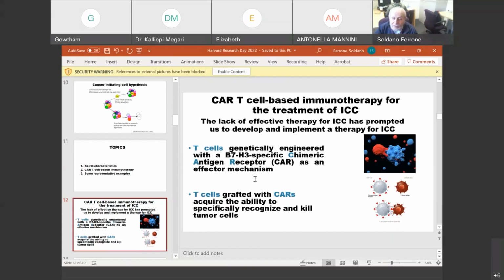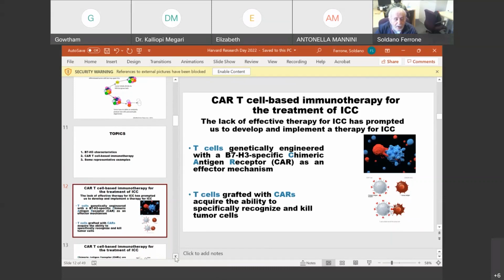And because of the genetic modification, T cells acquire specificity for the tumor cells, and therefore become able to recognize and to eliminate the malignant cells.